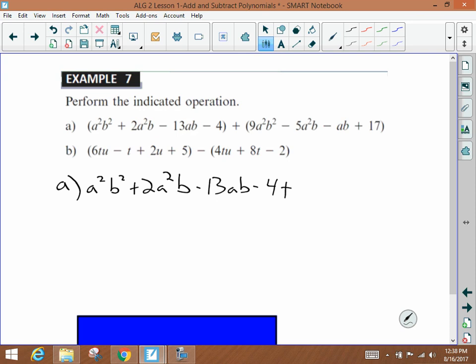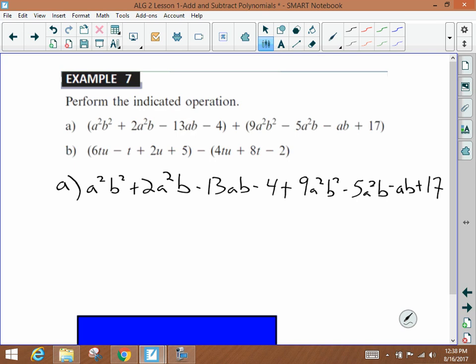Because 1 times 9a squared b squared is 9a squared b squared, right? Multiplying something by 1 doesn't change it. Just like 1 times 4 is 4. That kind of concept. So I'm just going to go ahead and break this out of these parentheses. And hopefully I don't run out of room. You got this.